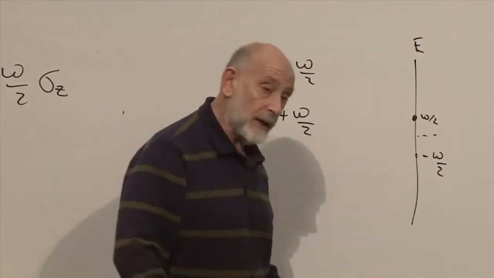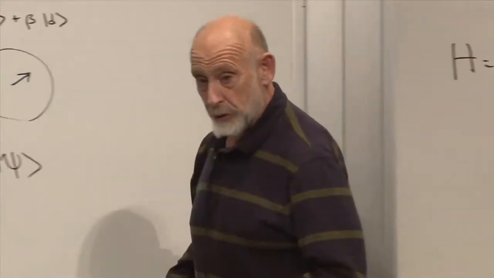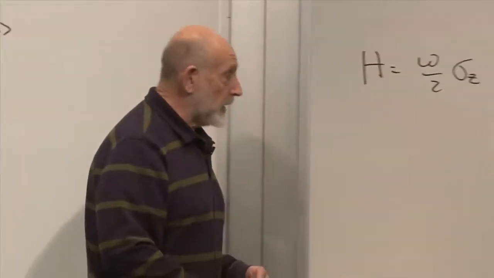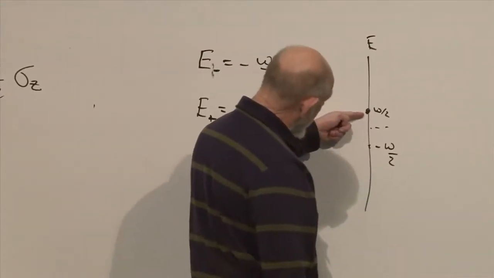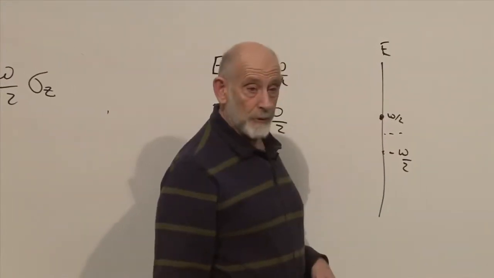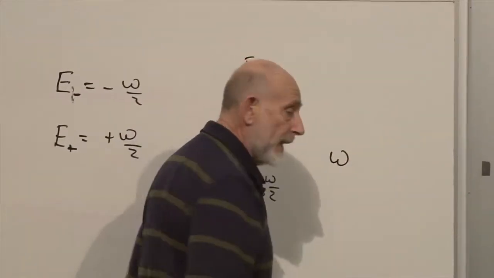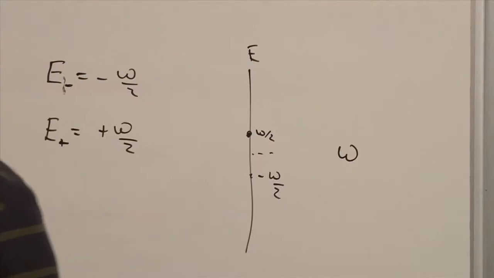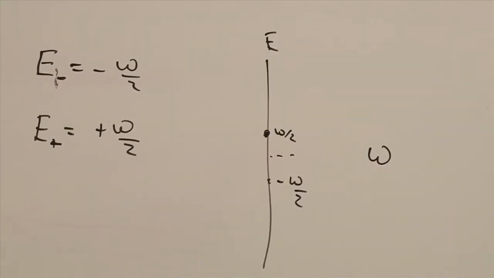If it's in a lower state, obviously it cannot emit a photon, doesn't have the energy to do it. But if it's in the upper state, it can emit a photon, and that photon will have the energy difference between the upper and lower state, so it will have a frequency, but more important, it will have energy omega.